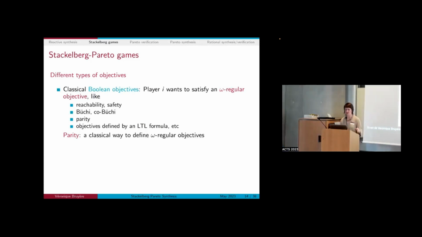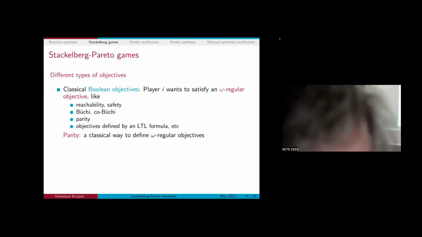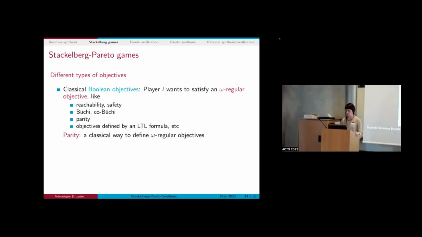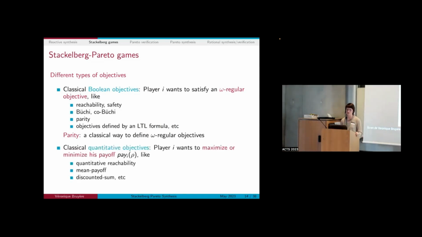I will shift to English. So I will, in my talk, focus on parity objectives because you know that it's a classical way to define the omega-regular objectives. Of course, for practical application, it is also sometimes more interesting to consider quantitative objectives, like in the talk of Benjamin.